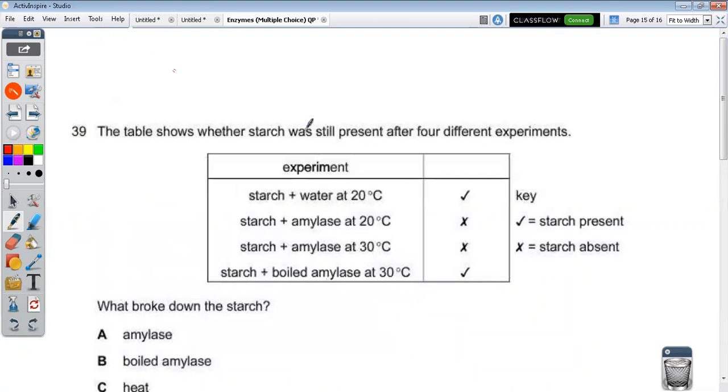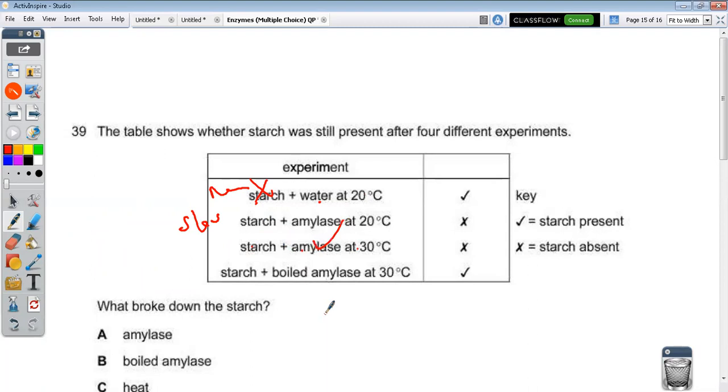Now let's see. This table shows you starch present, starch absent. Starch plus water, no enzyme. Clear? Starch plus amylase, but slow. Starch plus amylase plus 30 degrees.